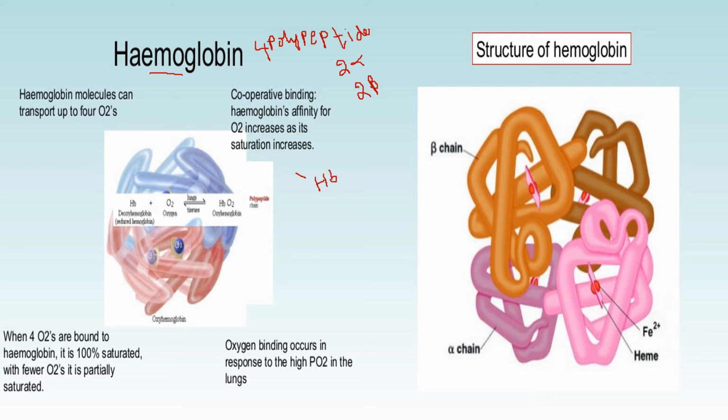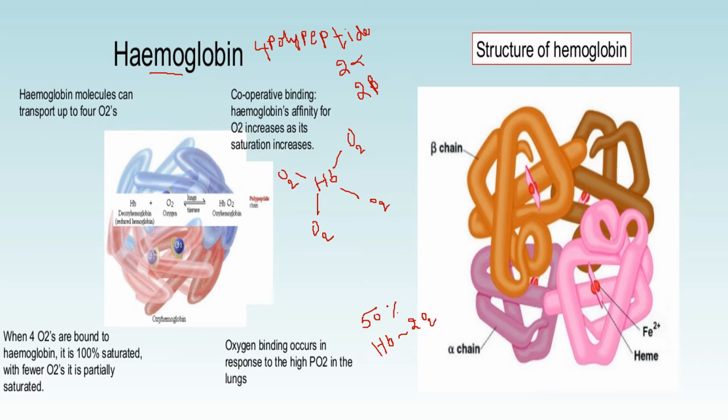So if hemoglobin is bound to 4 oxygen molecules, then we can say that hemoglobin is 100% saturated. If suppose the hemoglobin is bound to only 2 oxygen molecules, then we can say the hemoglobin is 50% saturated.